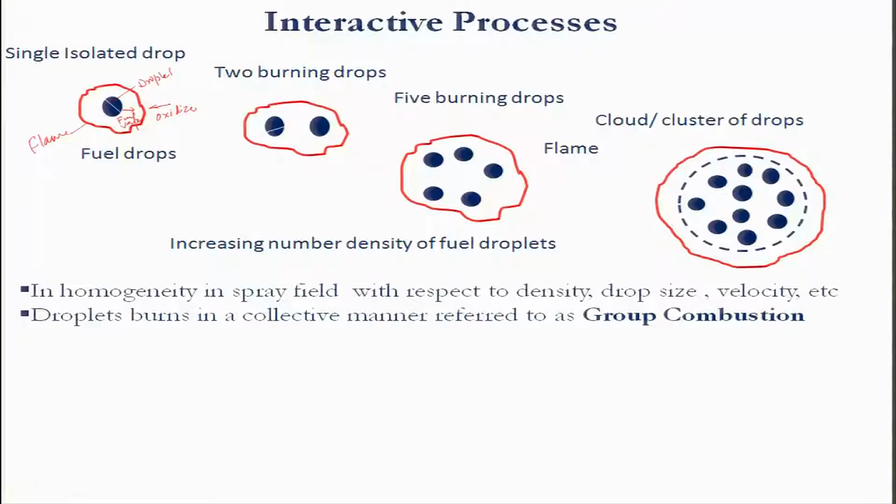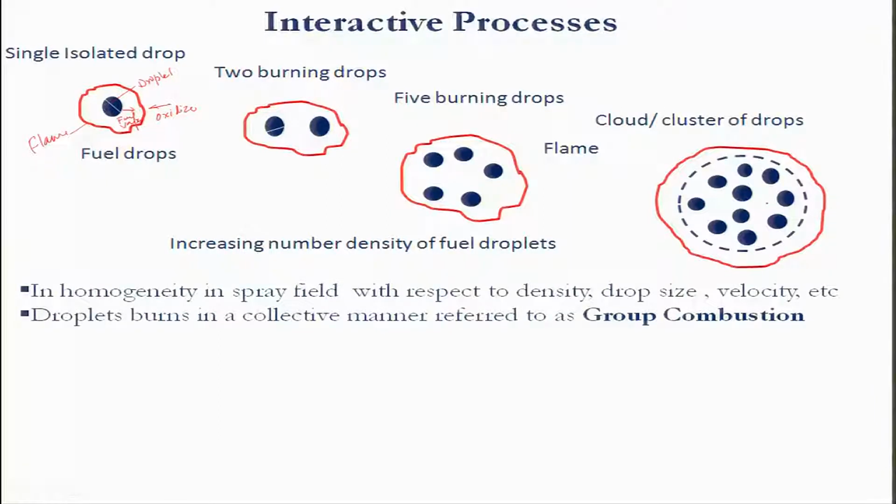And there might be two droplets which are together having one flame. There might be maybe 5 burning droplets which are together. And of course, if there is a large number, then they call it a cluster or a cloud of droplets, and this is known as group combustion.